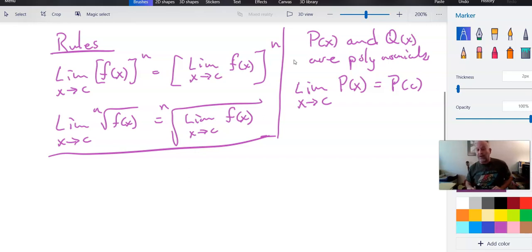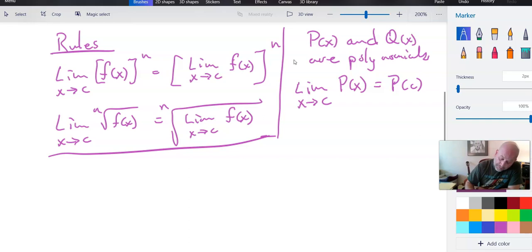So if you're evaluating the limit of a polynomial, all you have to do is plug in the limit, right? So whatever c is, you just plug it into the polynomial and that's the value. And it's because polynomials have no holes, right? There's no breaks in a polynomial. They're continuous. So taking the limit of a polynomial at a point is the same as evaluating the polynomial at that point. So those are really nice. If you're evaluating the limit of a polynomial, those are the easiest ones we're going to be doing.